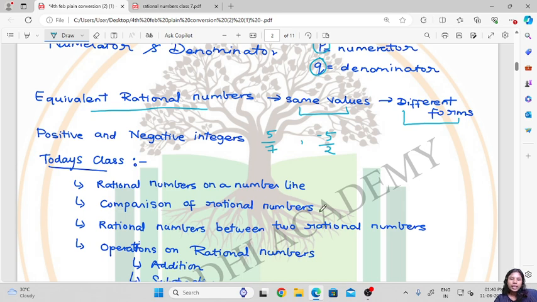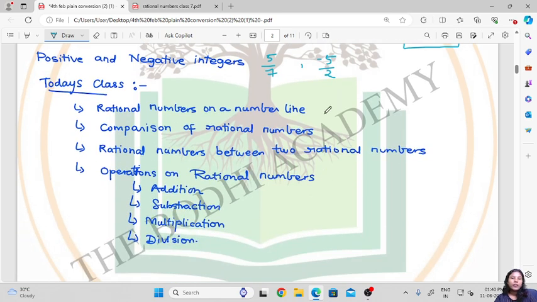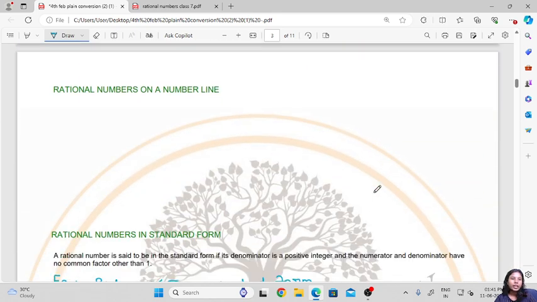So in today's class, we'll see rational numbers on a number line, comparison of rational numbers between two rational numbers, and operations on rational numbers. Now let's begin with rational numbers on a number line.